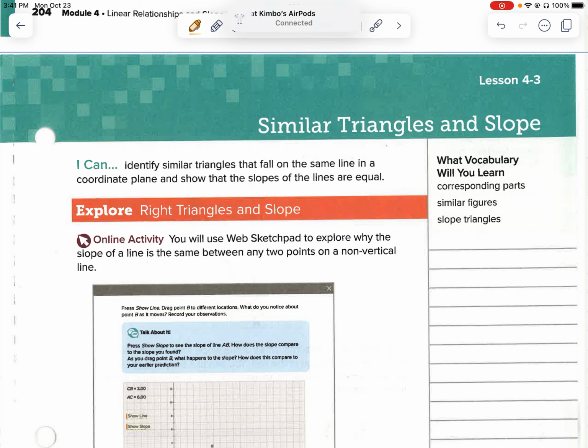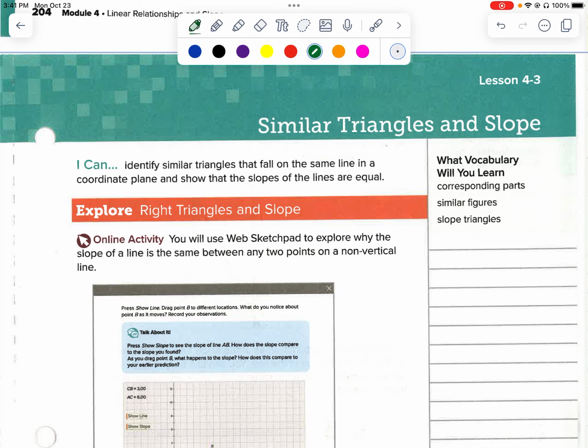Okay, similar triangles and slope. So we've been talking about slope, and we've talked about the fact that slope is the change in y over the change in x. We talked about how that's the same thing as slope being a formula where you subtract the y's over subtracting the x's.